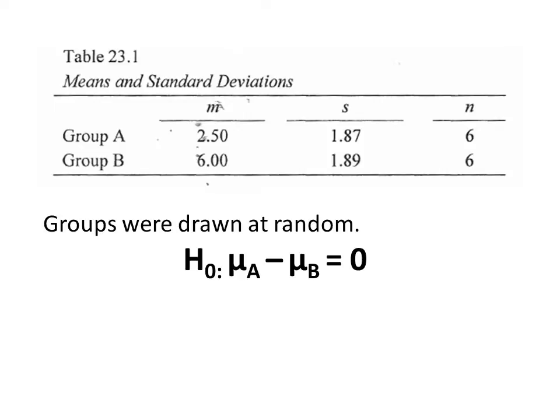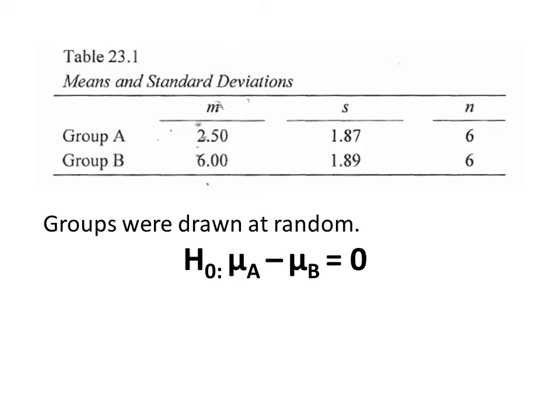We also talk within this about how our groups were drawn at random, and how our null hypothesis shows that there is a 3.5 difference if you take the mean of group B and subtract the mean of group A. Now in our null hypothesis, we see mu of A and mu of B. However, make it simple on yourself.